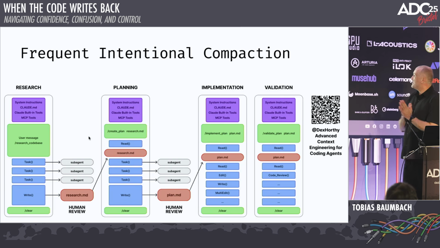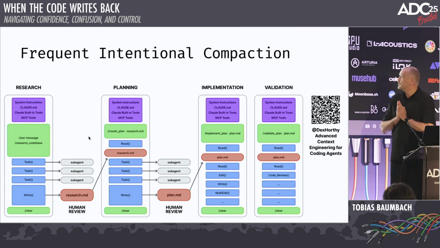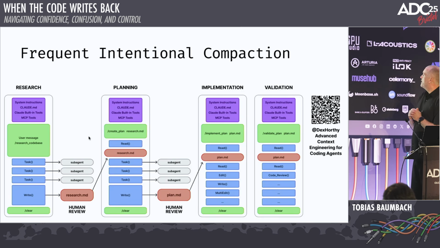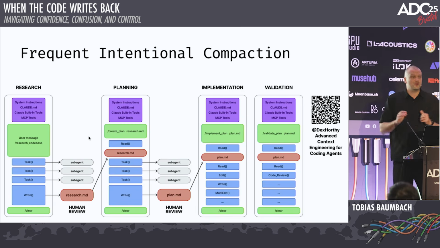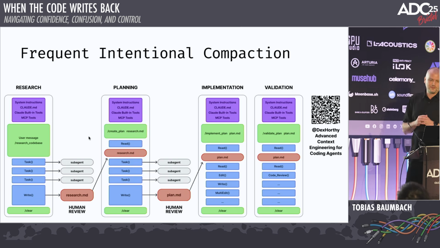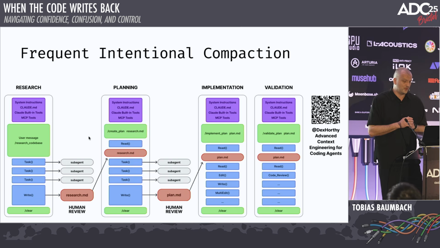But there is actually one approach I would like to show, which is a more structured approach. A guy named Dex Hordy has a very good talk on advanced context engineering. I put the link here, he has all the slides up on GitHub.